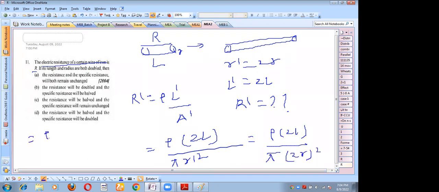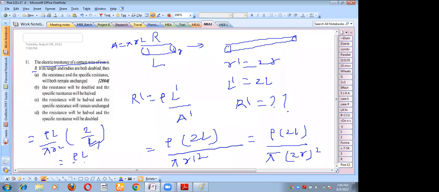So it will be equal to rho L by pi R square into 2 upon 4, right? 2 upon 4. So it will be rho L by pi R square. We can say this area A is equal to pi R square, the initial area.